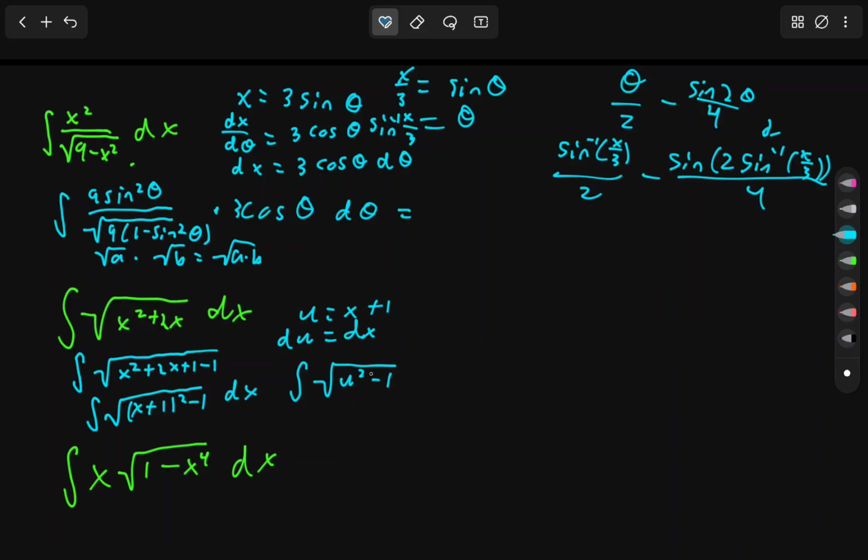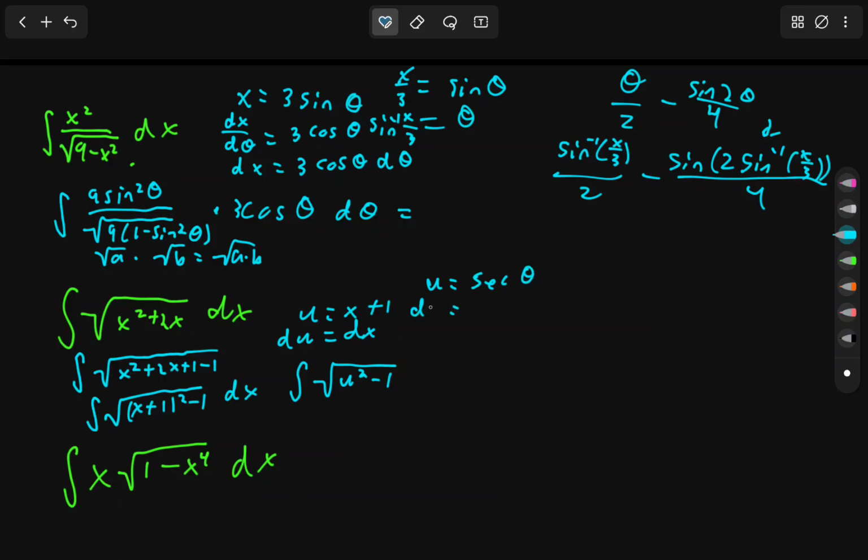Now is the hard part. We have to substitute in a secant here. So we are going to say u is equal to, and because that's just a 1, we can just do secant of theta.